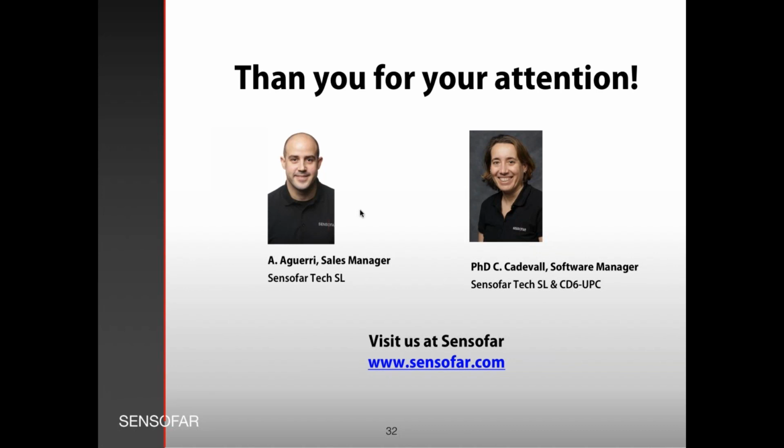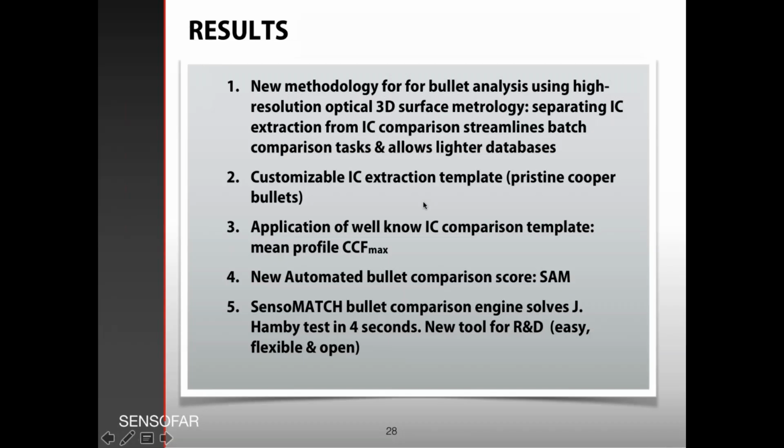Again, John Marshall: have you tested the SensoMATCH software on damaged bullets or bullet fragments? And if so, how has it performed? The only approach to that was the last results slide which we were showing.